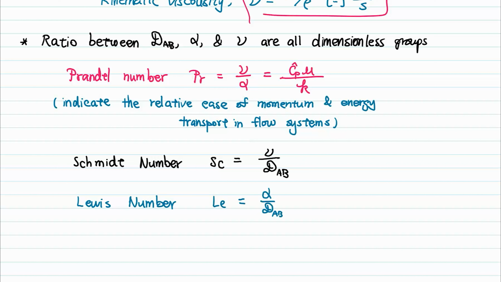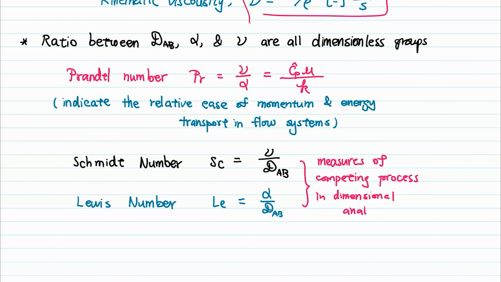Okay, so basically they are measures of competing processes in dimensional analysis. So don't worry if you cannot catch up at the moment. We will come back to these concepts later on. Okay.